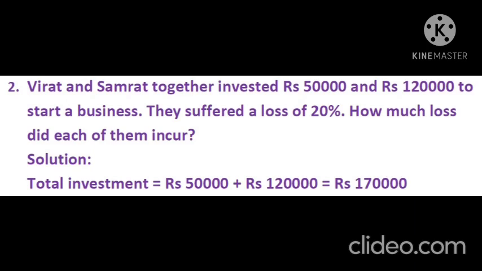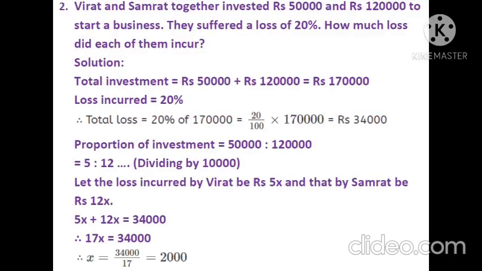First, we have to find total investment. Total investment is equal to investment of Virat rupees 50,000 plus investment of Samrat rupees 1,20,000, which is equal to rupees 1,70,000. Loss incurred is equal to 20%. From this, we have to find total loss in rupees.